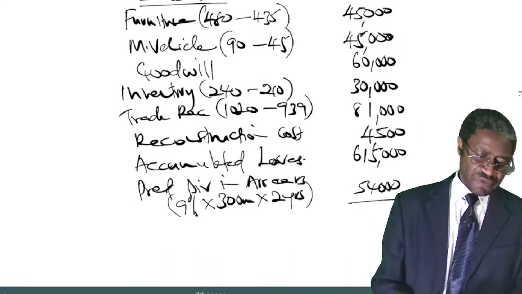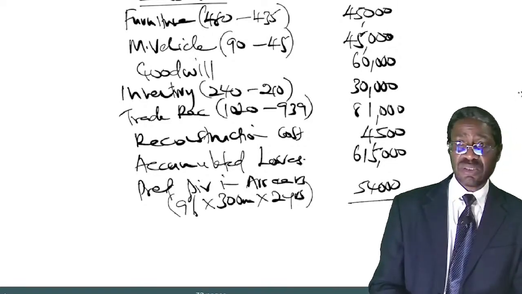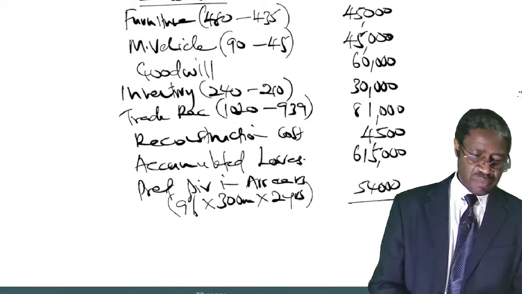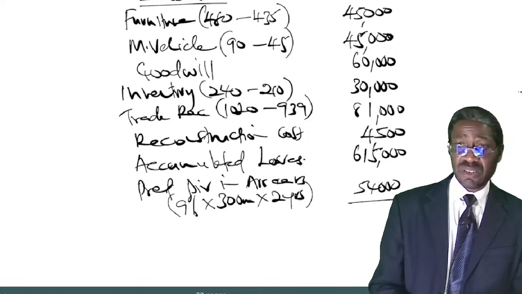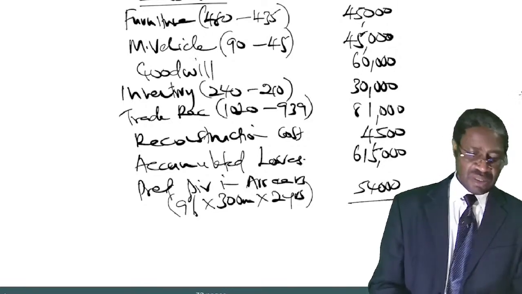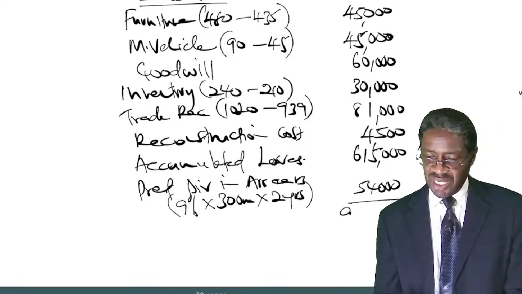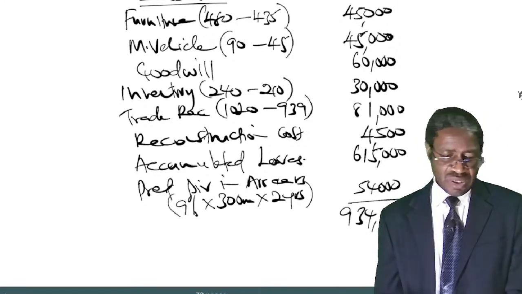The first one is 45 plus another 45 plus 60 plus 30 plus 81 plus 4,500 plus 615 plus 54. This gives me 934,500.